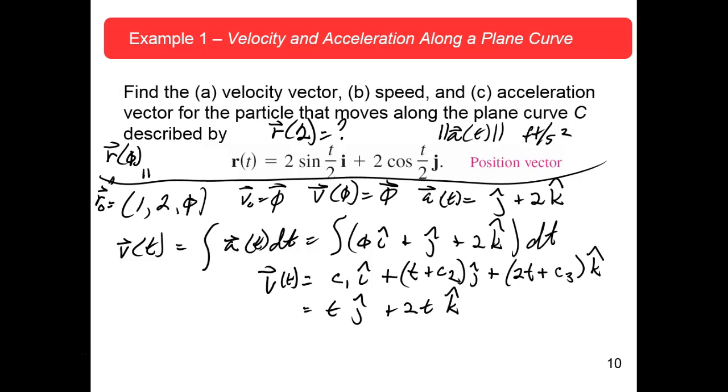That's what we're looking for. Integrate? I thought that's what you said. So your position vector, r of t, is equal to the integral of v of t dt, which would be the integral of this dt.